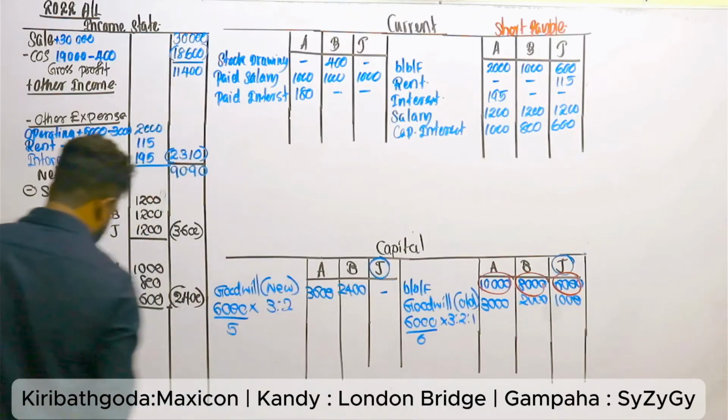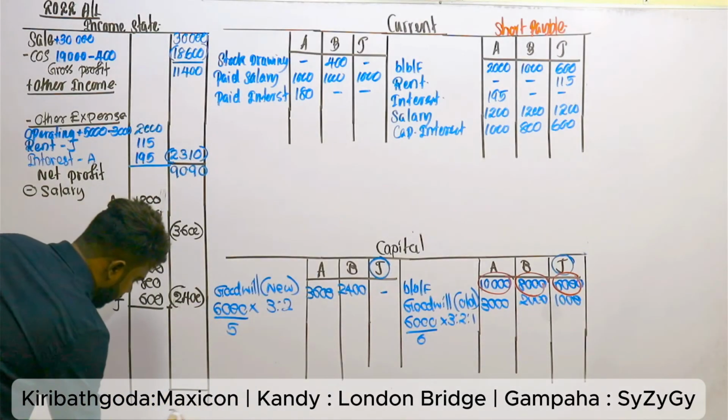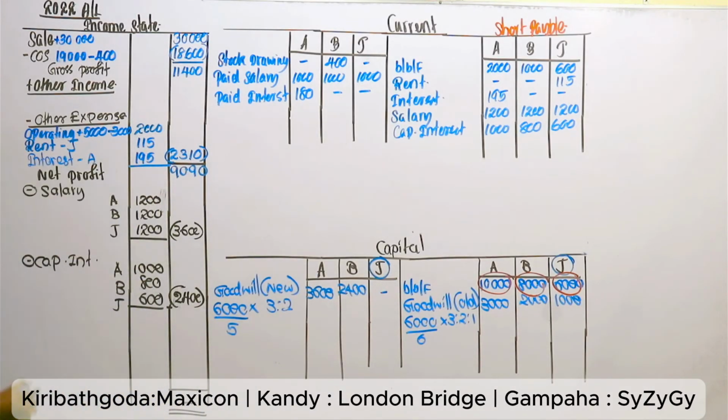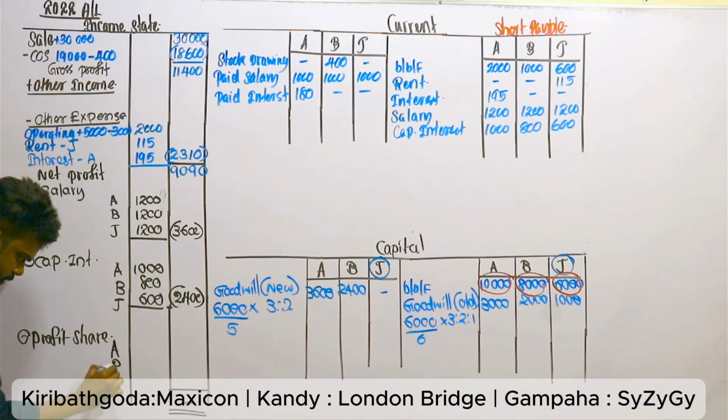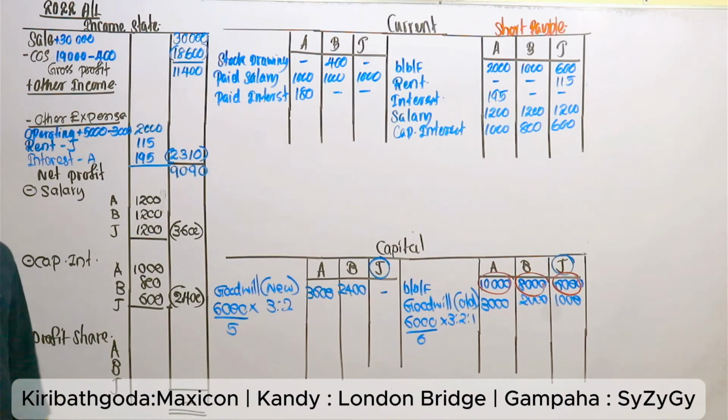And finally you have to calculate the profit share. According to the old ratio 3 to 1. Tell me, how much is the remaining profit? It's 3090.